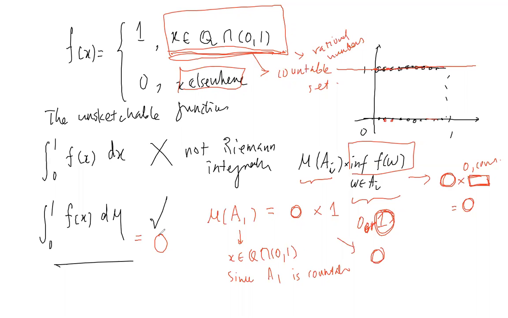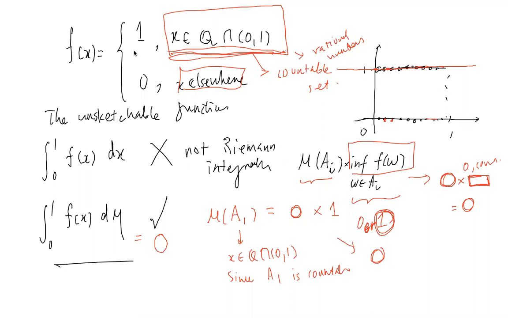So this is actually very pathologic. This is a very unusual example where, of course, in practice we don't have this kind of thing to worry about, but it's a nice example of being able to define what an integral is for some unusual functions.